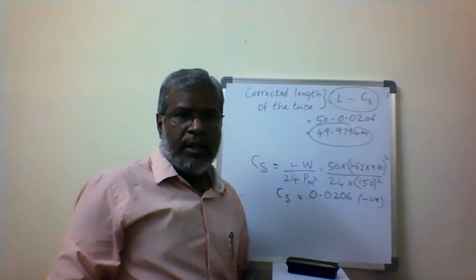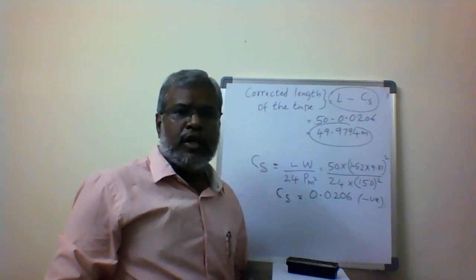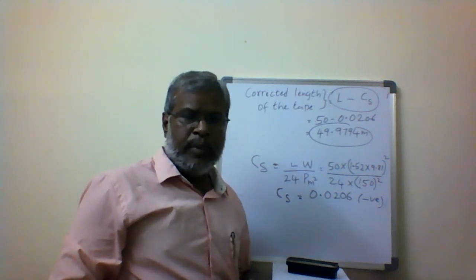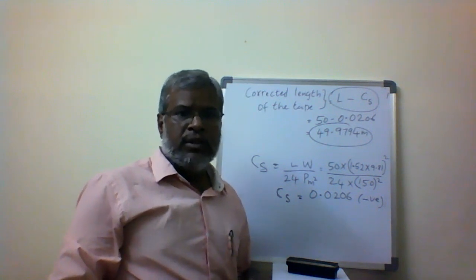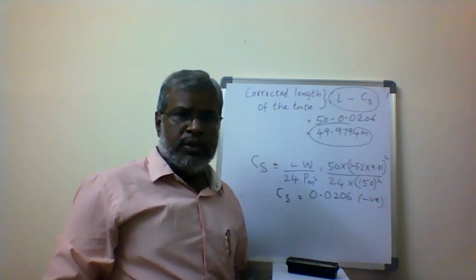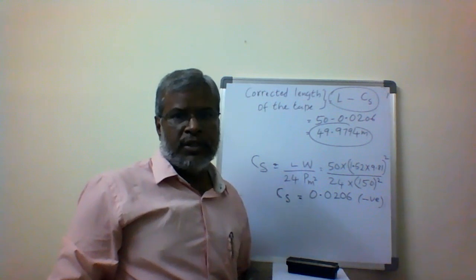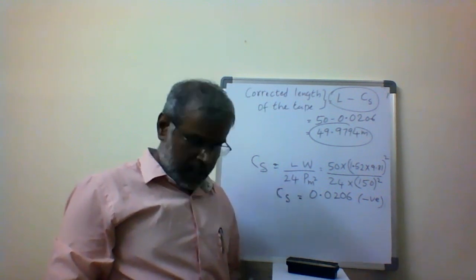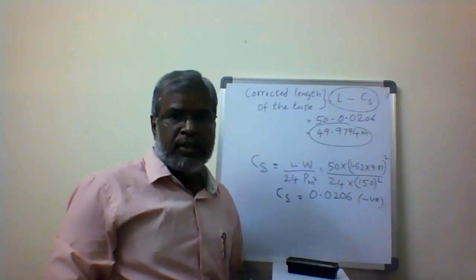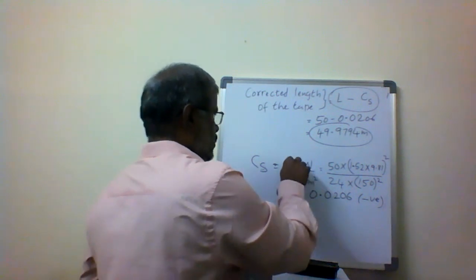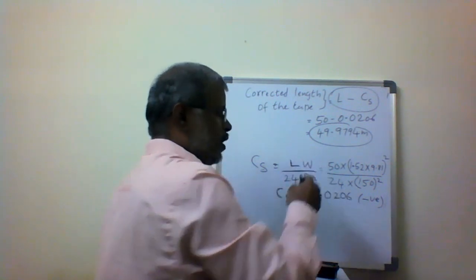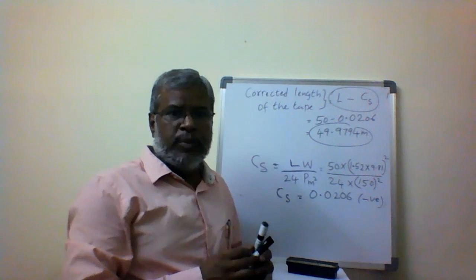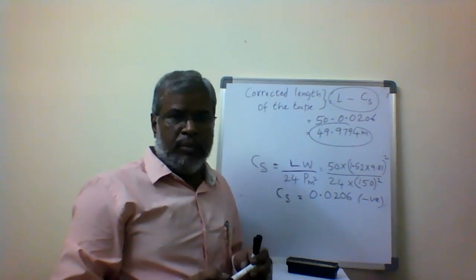So these are the tape corrections in different types of problems. In the majority of cases, we use temperature correction and pull correction. In some cases we come across the correction for sag. Sag correction applies when the tape is stretched between ends more than 30 meters.